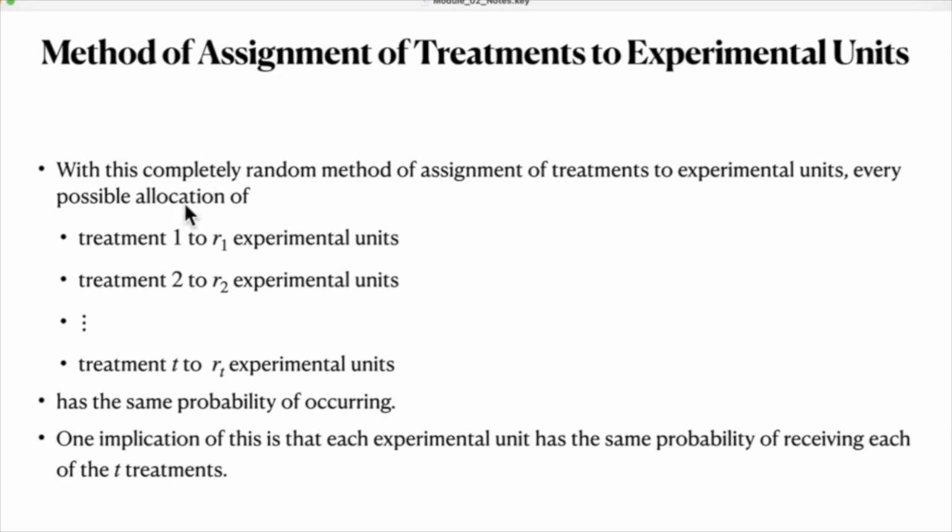All right? Every possible allocation for these assignment numbers, replication numbers, has the same probability of occurring. Now, one implication of that, and in fact, let me just say that this is really the defining feature. This is the defining characteristic of a completely randomized design.